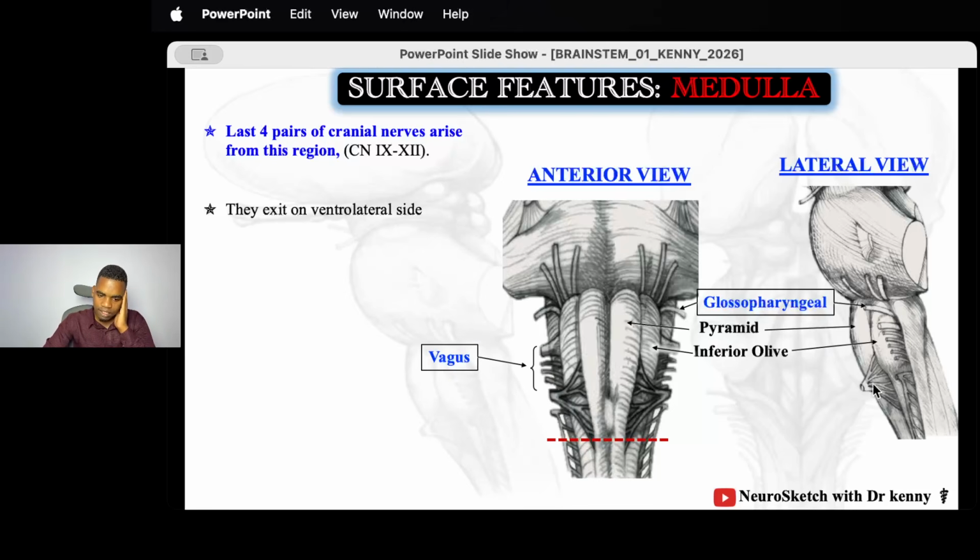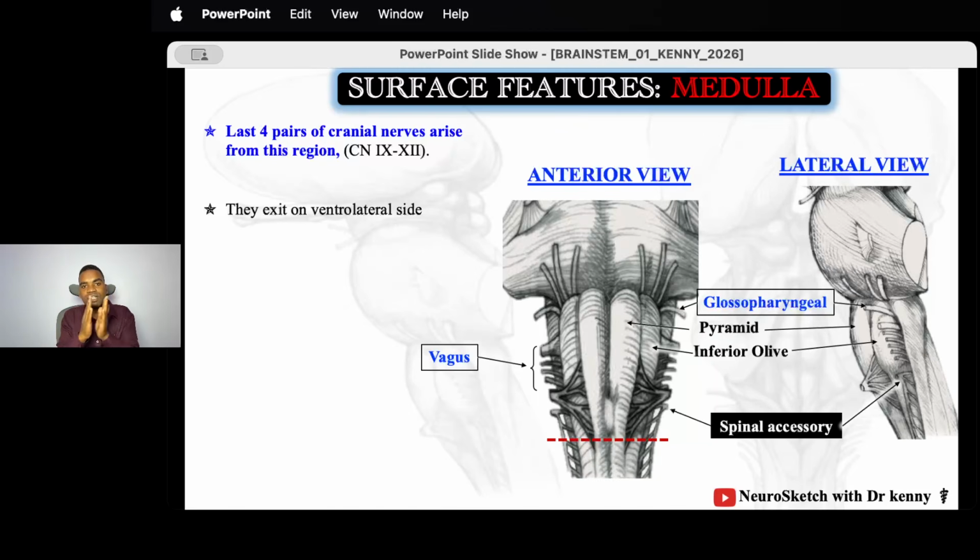And then we have cranial nerve number 11, which is the spinal accessory nerve. And remember, the spinal accessory nerve has a double origin. Part of it is coming from the spinal cord. It has roots that are coming from the spinal cord, and they are ascending, going through the foramen magnum and entering the cranial cavity. They are going to join the parts that are originating from the medulla, forming a single nerve called the spinal accessory nerve, which has 2 roots, the spinal root and the cranial root.